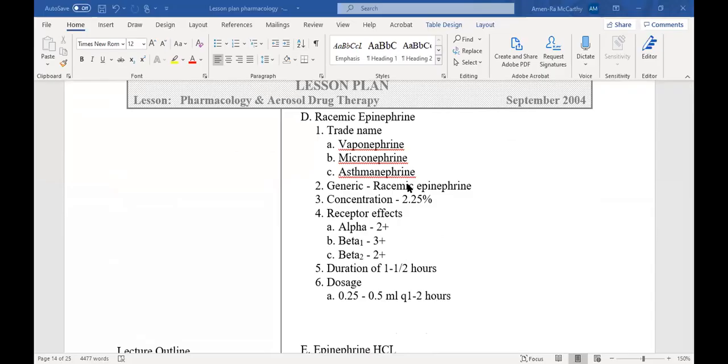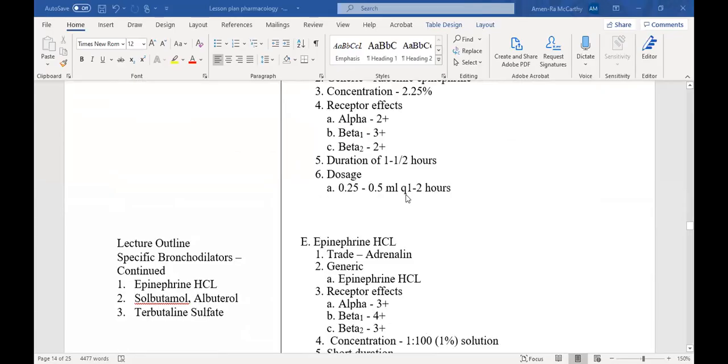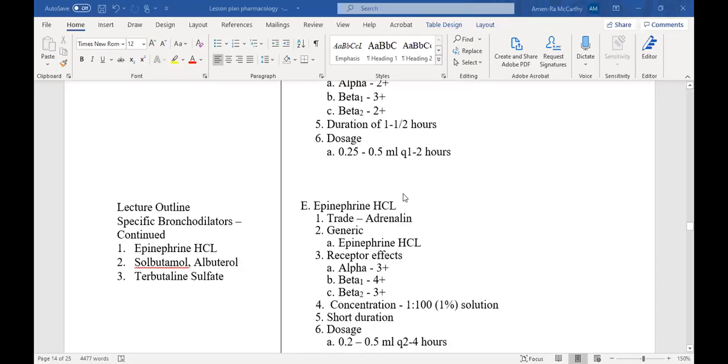We give it for effects like allergic reactions or stridor because of extubation, anything like that. The duration is about 1 to 1.5 hours. Dosage is 0.25 to 0.5 milliliters every 1 to 2 hours. Do it as much as you need it, okay?